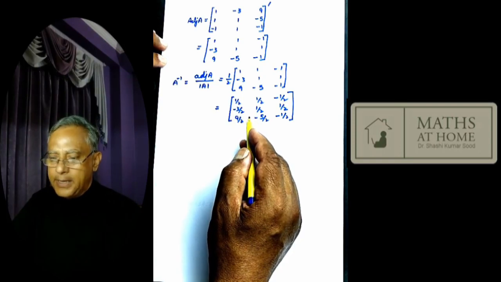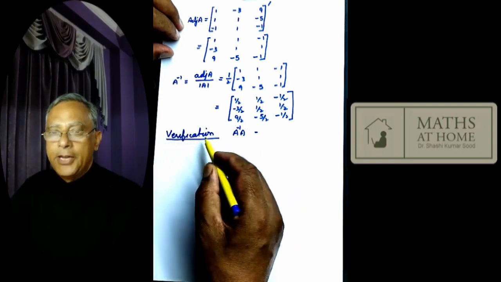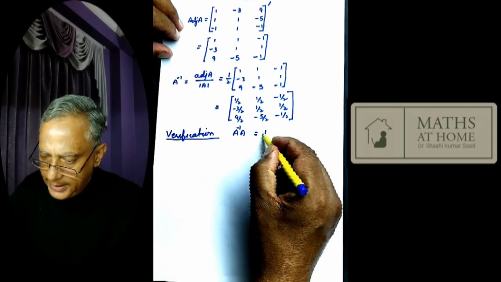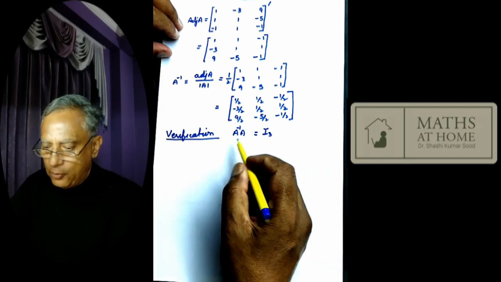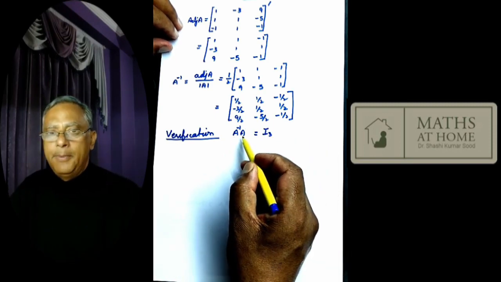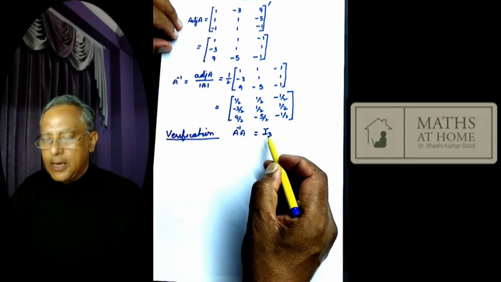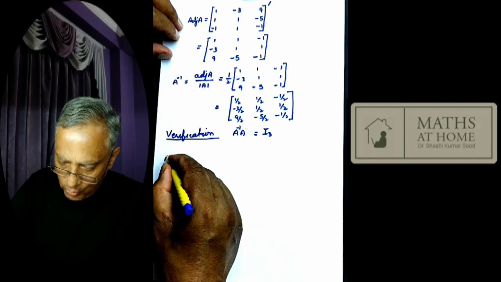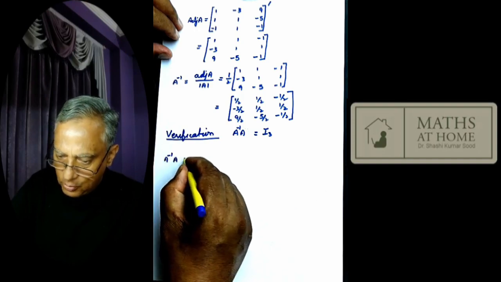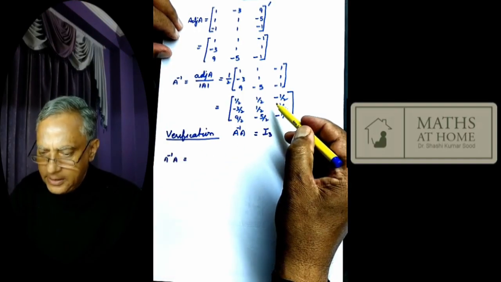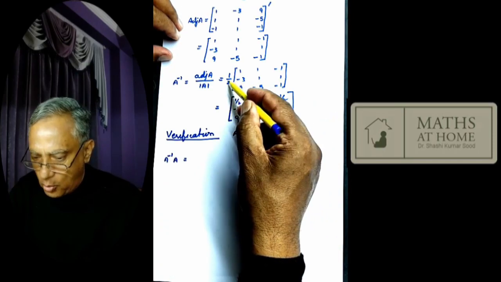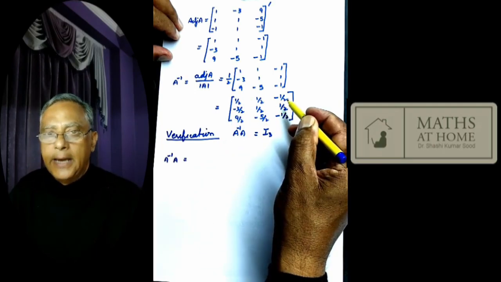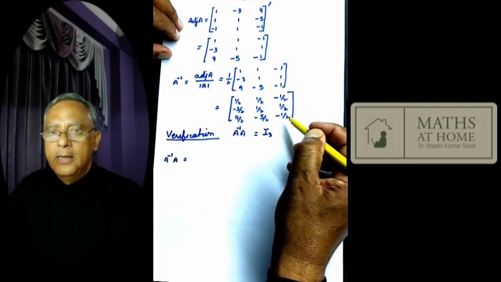Now the second part is verification, that is A inverse A is equal to I3. Now we have to find this matrix multiplication and show that this comes out to be I3. So A inverse A is equal to, I will take the inverse in this form, because otherwise this will introduce a lot of fractions and complicate the calculation.